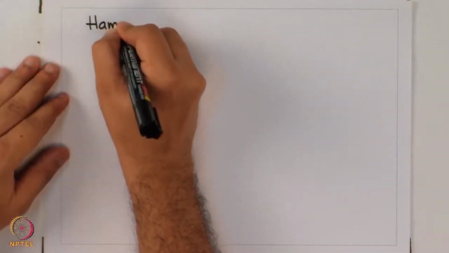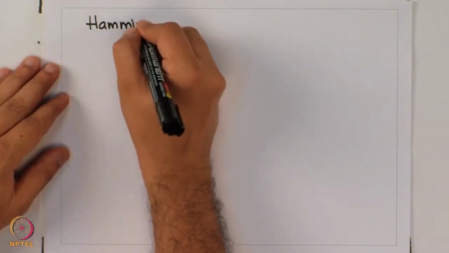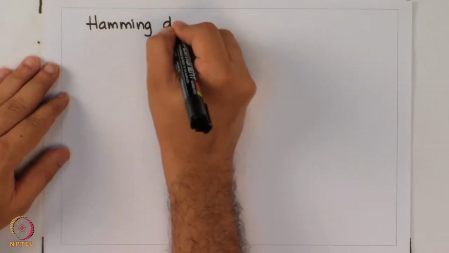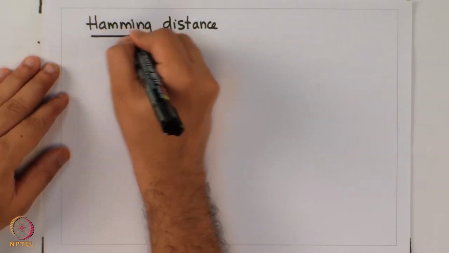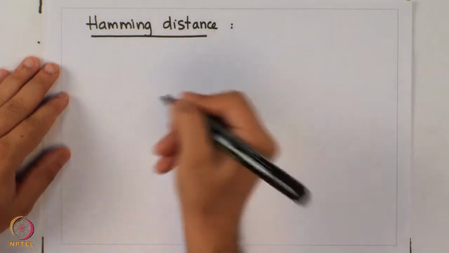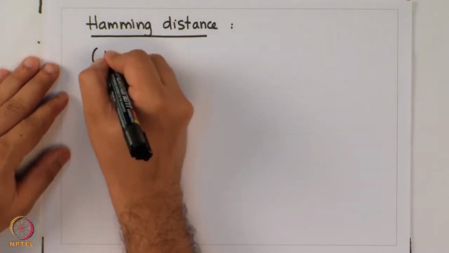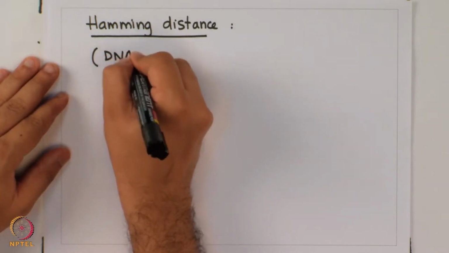And one of the quantities that we are going to make use of is what is called Hamming distance. Again, we are going to be treating DNA as a binary string.